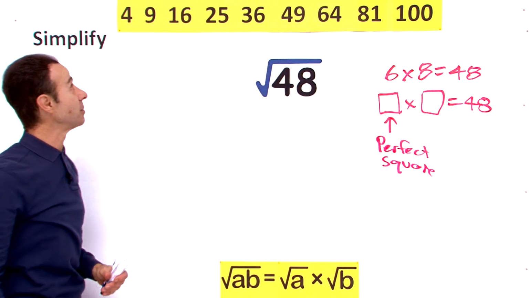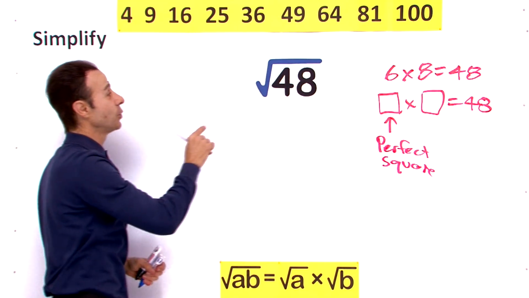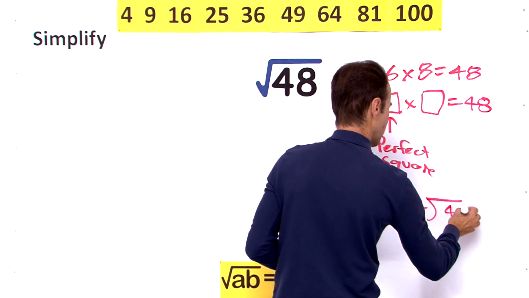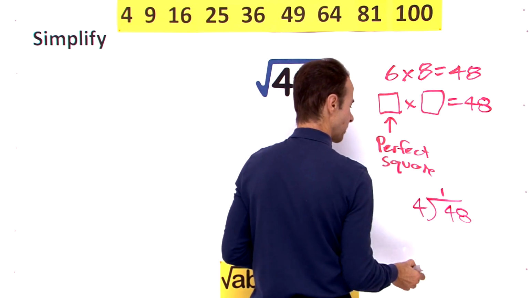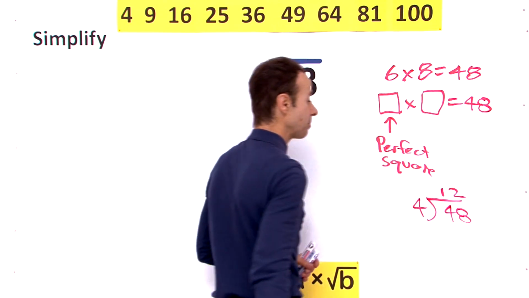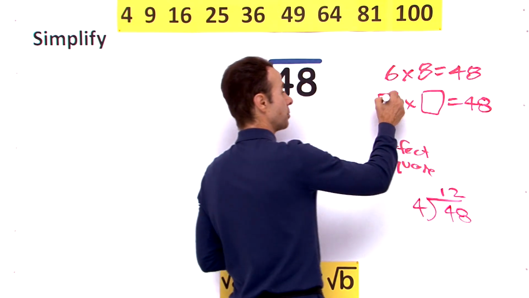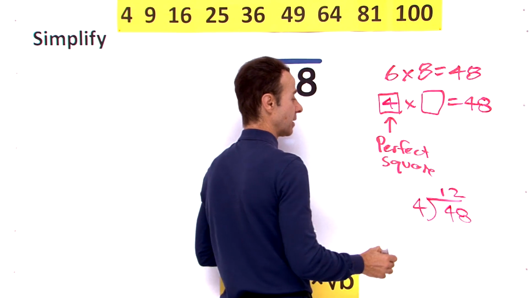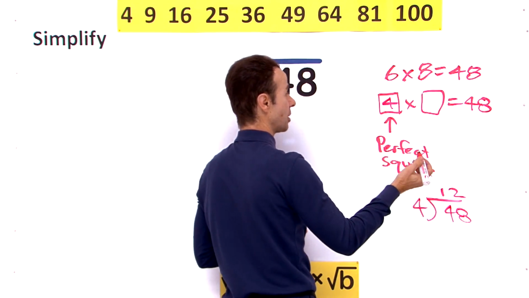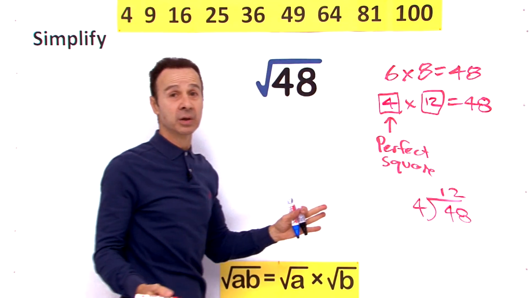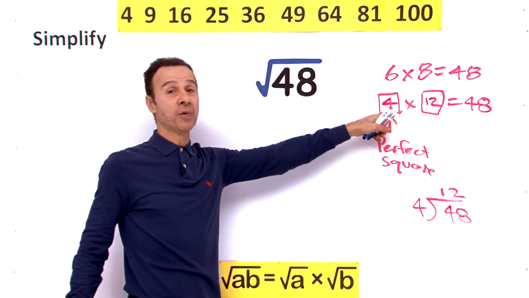Let's have a look now. 4, does 4 go into 48? Let's try that. 4 into 48, 4 goes into 4, 1, 4 goes into 12. Yep, that works. We could do 4 times, that's a perfect square, and 4 times what gives me 48? 4 times 12. Now, that would work, but the 4 isn't the biggest perfect square.